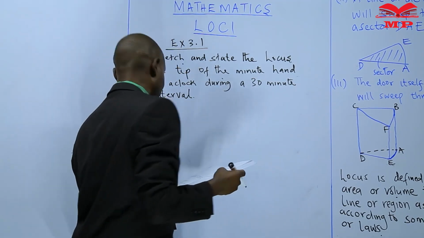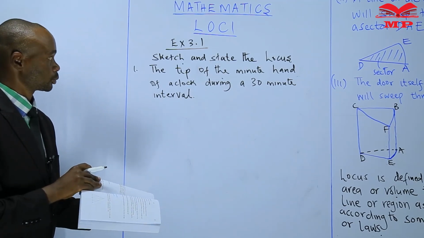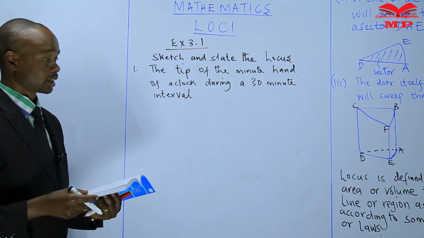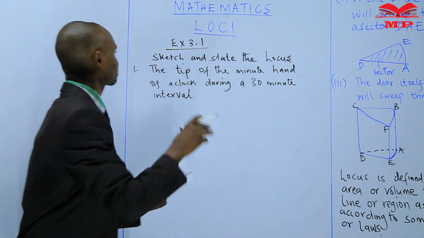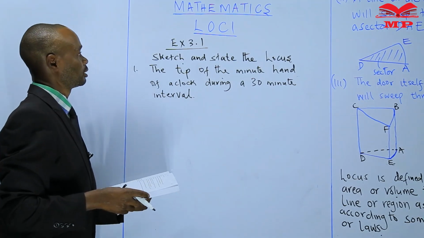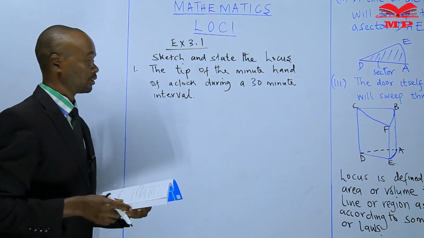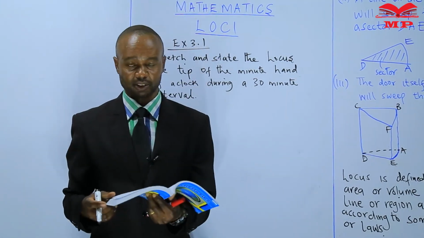We have the first question, which will enable us to sketch the locus of the point in question. The question goes: sketch and state the locus of the tip of a minute hand of a clock during a 30-minute interval.